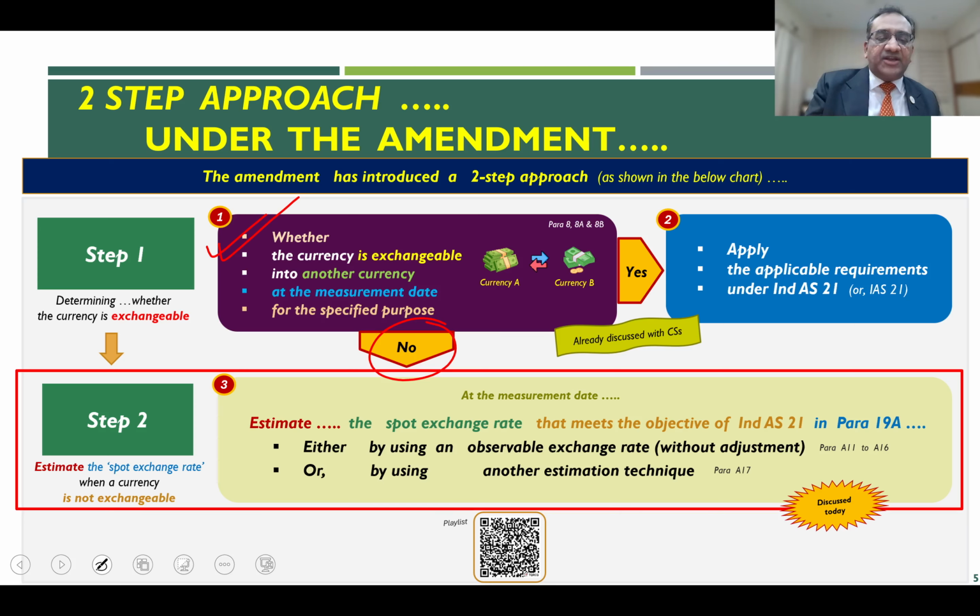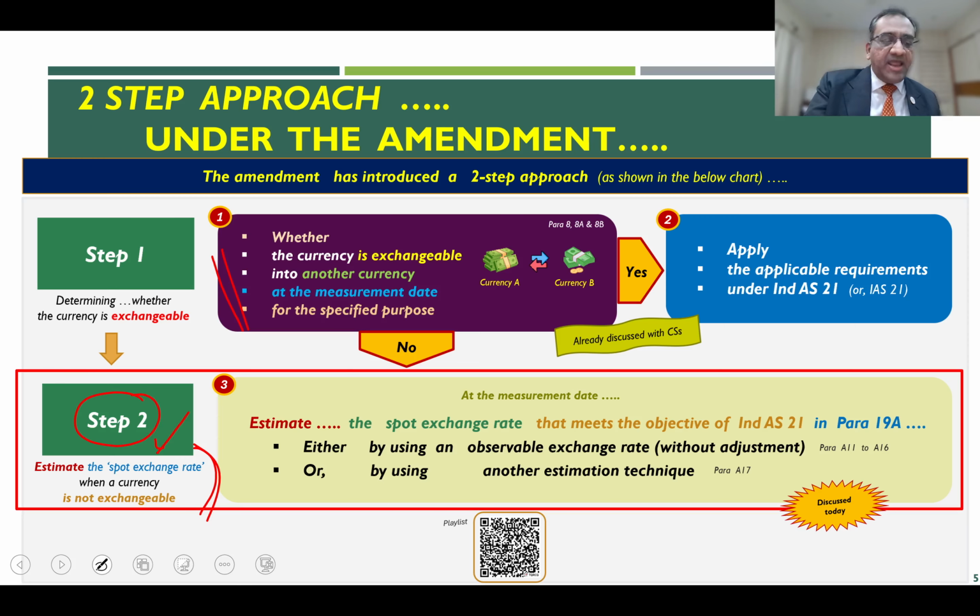So if the answer to this question is no, then the standard as amended requires you to move to step 2, wherein an entity is now required to estimate the spot exchange rate when currency is not exchangeable as determined under step 1.